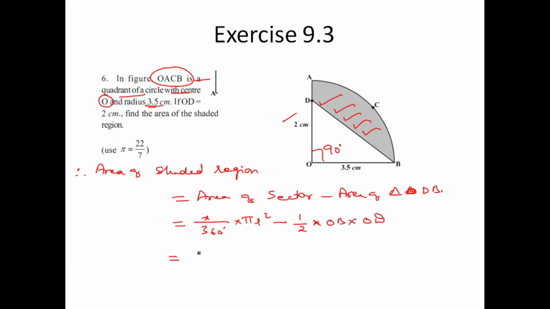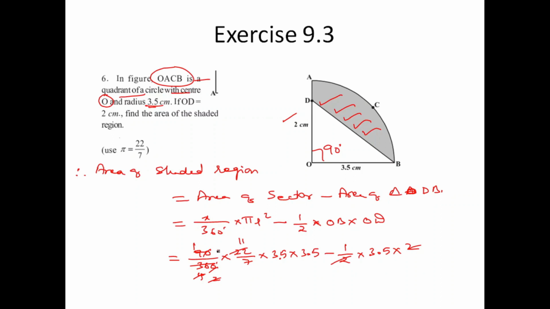Hope this is clear. So the x value is 90 degrees by 360. Pi value is taken as 22 by 7. R value is 3.5 into 3.5, minus half into OB, which is 3.5. OD is how much? 2 centimeters. This 2 and this 2 are removed directly. This comes out to be 11.